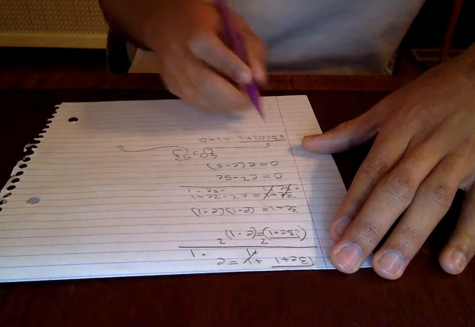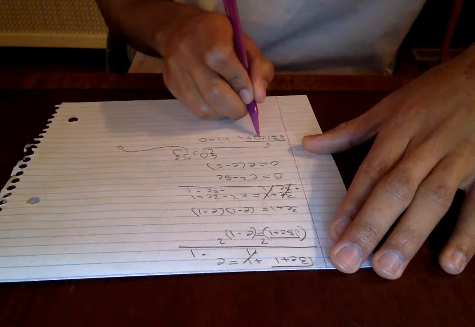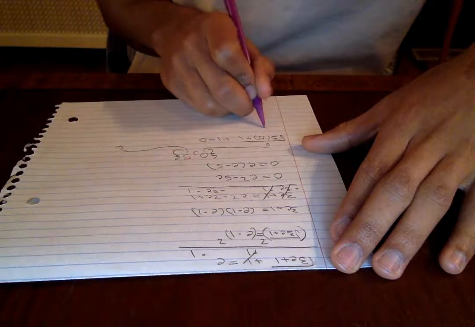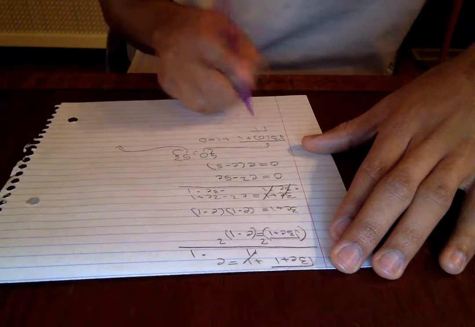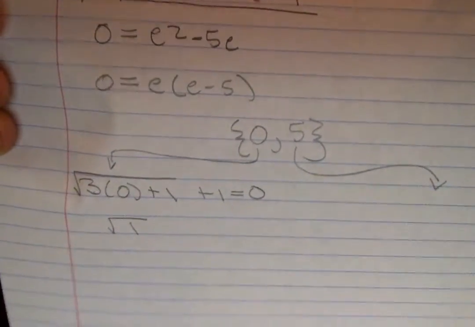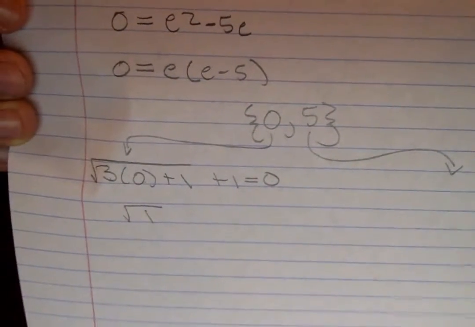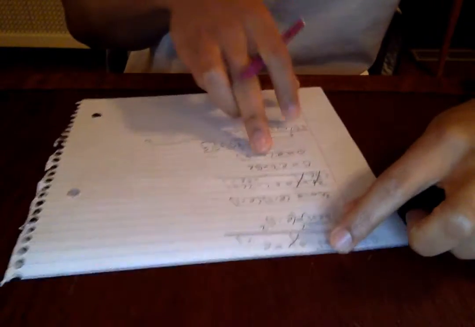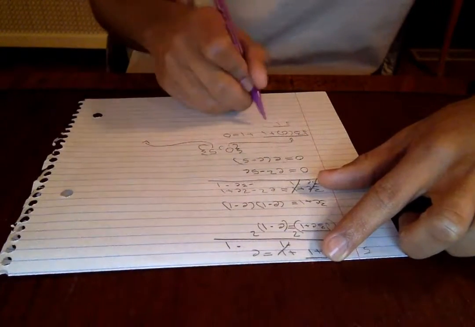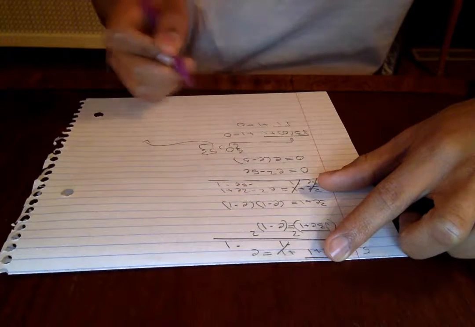Now just solve what's in the square root. 3 times 0 plus 1, so 0 plus 1, gives you the square root of 1. And then plus 1 outside of the square root equals 0.